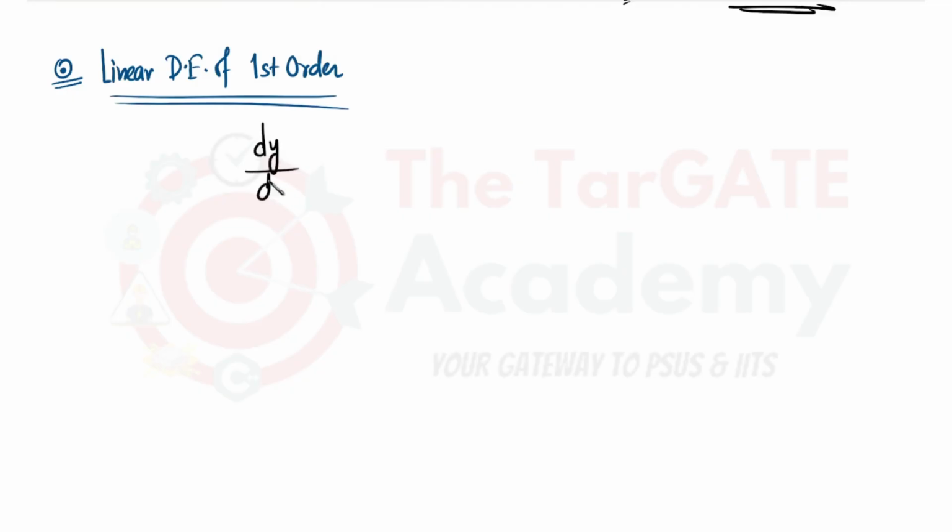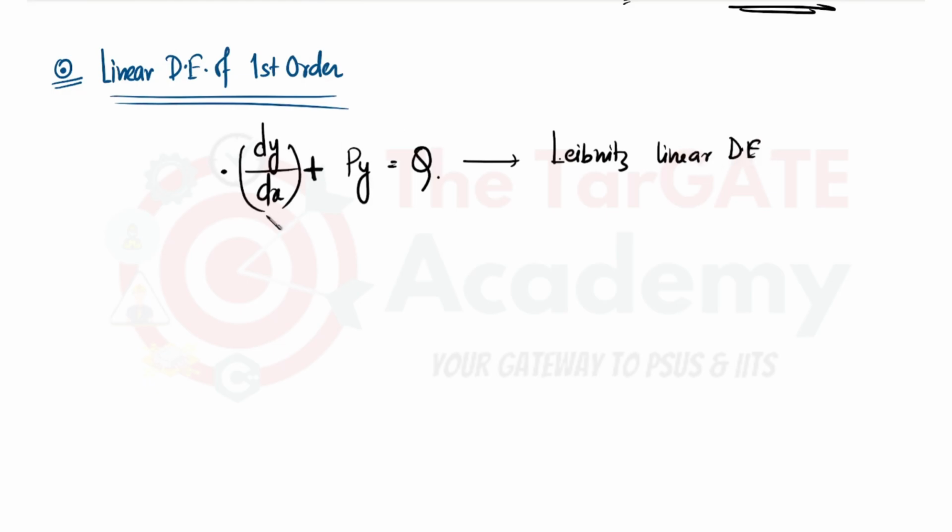You must have seen something like this in your classroom teaching: dy by dx plus py is equal to q. Have you seen this? All of you? And this is called the Leibniz linear differential equation.